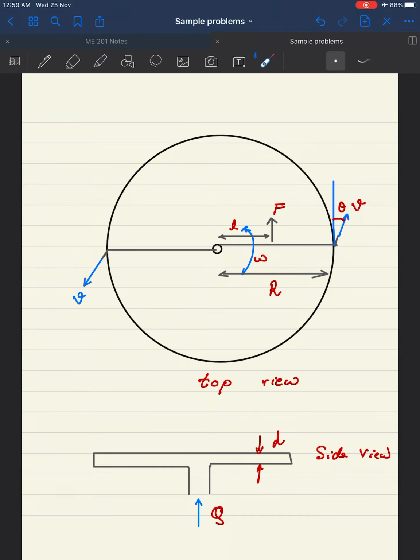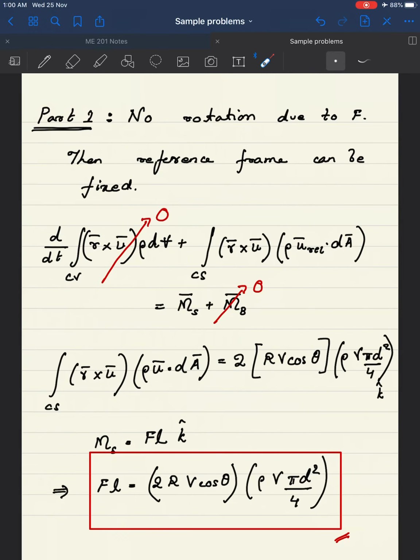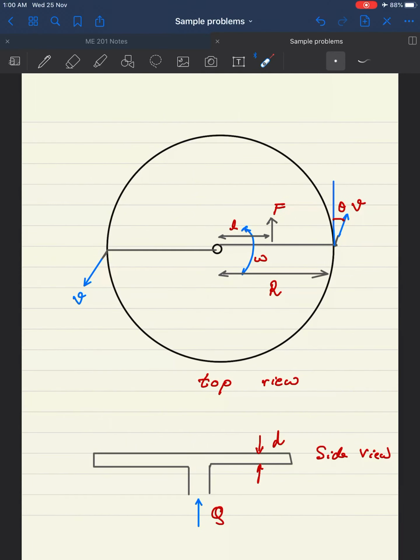And the rest of the parameters are given: it's rotating at an angular velocity of omega, this length is L, there is a force F here, and I'll tell you what the force F is for. The first case that we consider is, we ask ourselves, what is the force required to hold the sprinkler at 0 velocity?